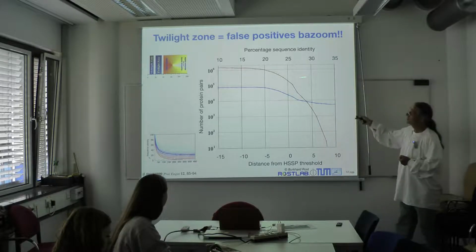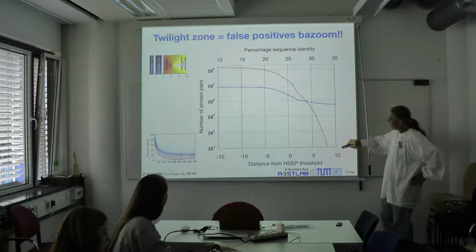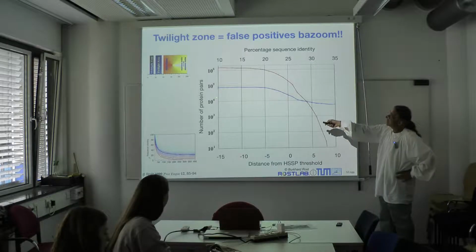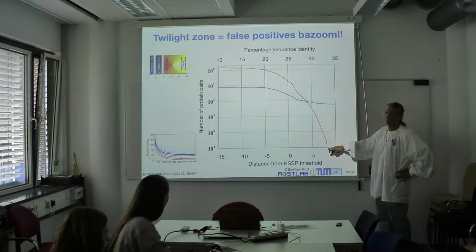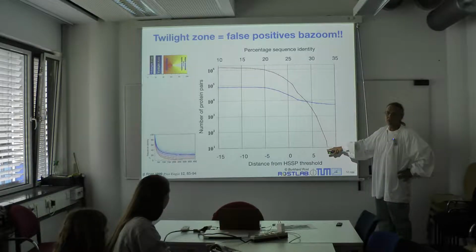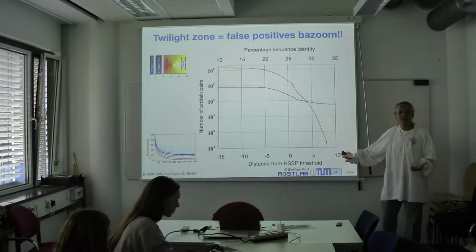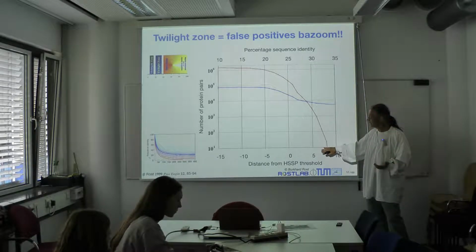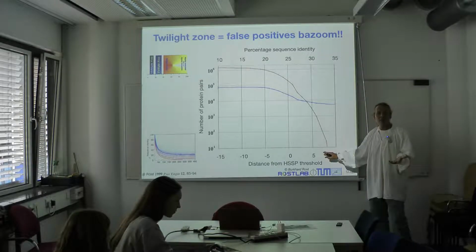And this one here shows you the twilight zone, where you see that if you're above this twilight zone, in the safe zone, essentially you don't make mistakes. There's no red pair. At this threshold, there's no pair. This one here is 10 or close to 0.